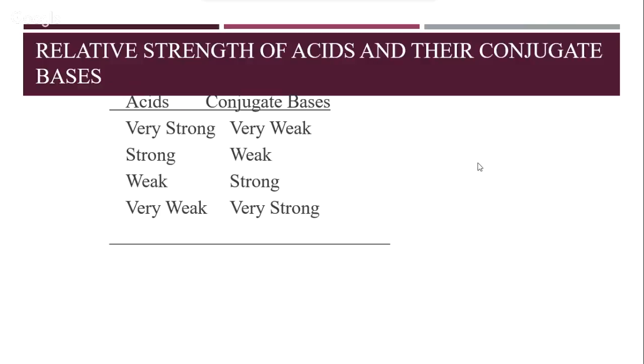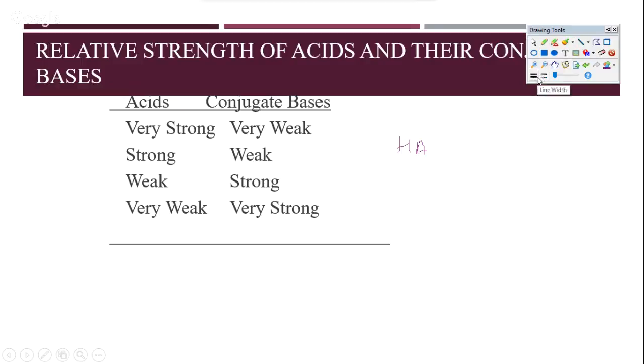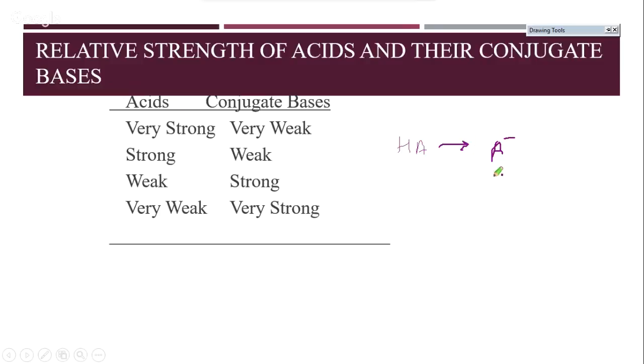And let's understand why this scenario is present. When you have an acid like HA, and it gives out an A minus, let's say A minus is very stable. It means that it is going to be a very weak acceptor of H. If it is stable by itself, it will not have H getting accepted in the reverse process.